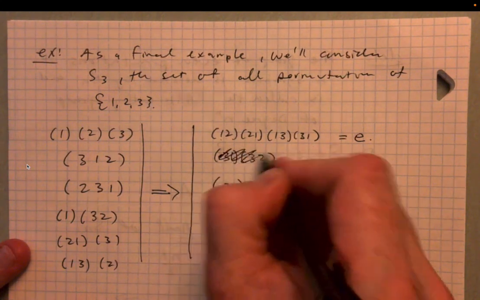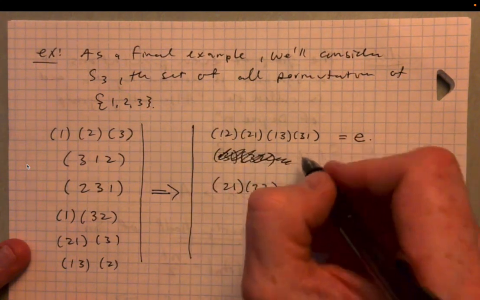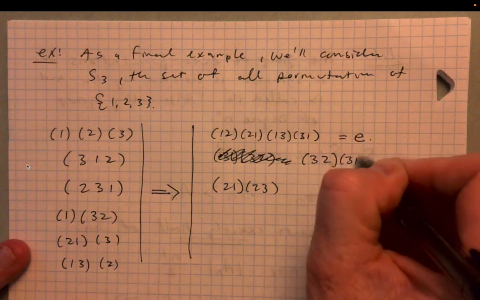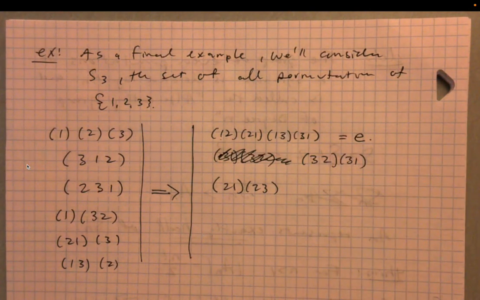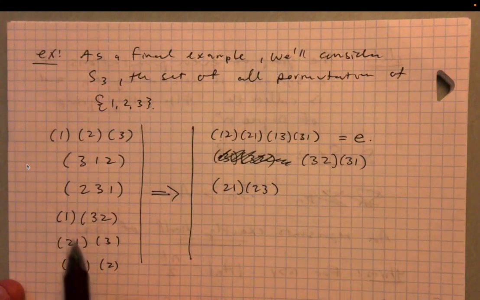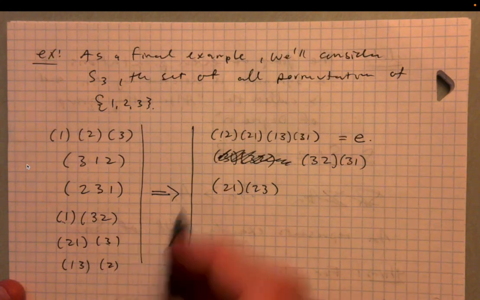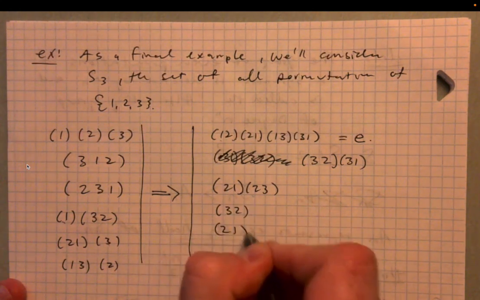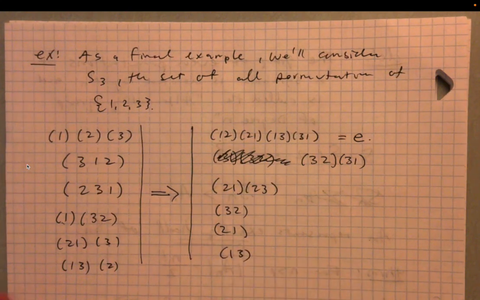Actually, I want to write this differently. Let's write (3 2)(3 1). I think that's better. The order matters here, right? They're not disjoint, so they don't commute. Okay, so let's put it in that order. And then down here, these can be written as 2 cycles. Remember, when an element's fixed, you can just leave it off the cycle because it's not moving. So these are (3 2), (2 1), and (1 3).